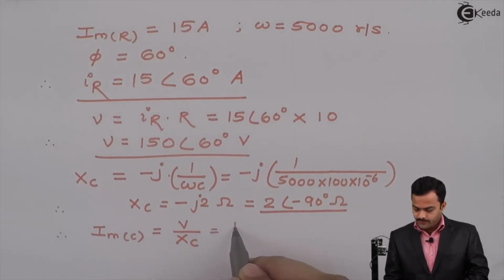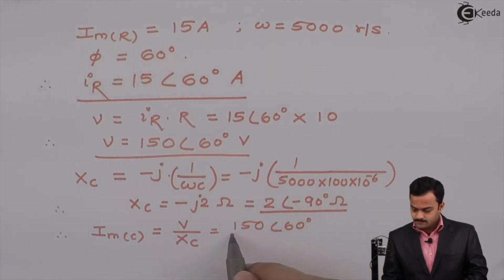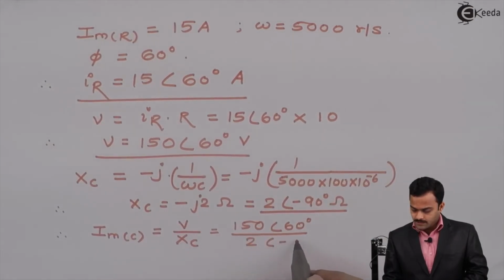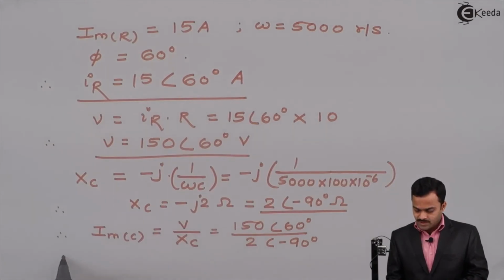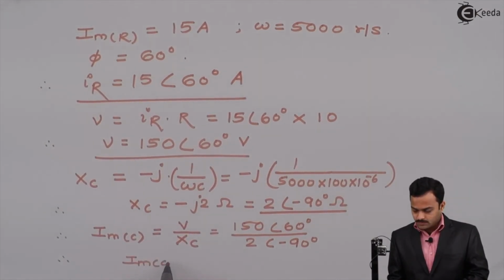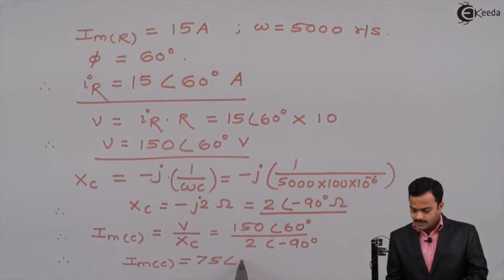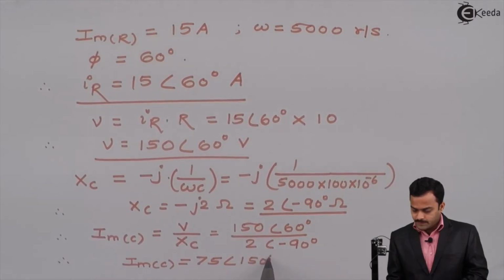So it is 150 at an angle 60 degrees divided by 2 at an angle minus 90 degrees. If I solve, I will get the maximum current through the capacitor as 75 at an angle 150 degrees ampere.